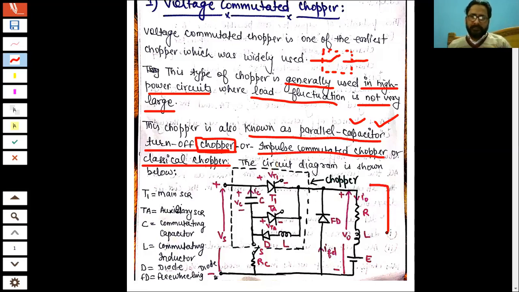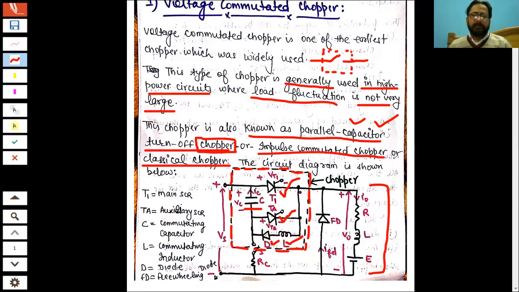So this is the circuit diagram of the main chopper. You can see these dashed lines, this square, enclose certain components: the main SCR T1, an auxiliary SCR TA, the capacitor, also known as the commutating capacitor, an inductor which is the commutating inductor, and a diode.